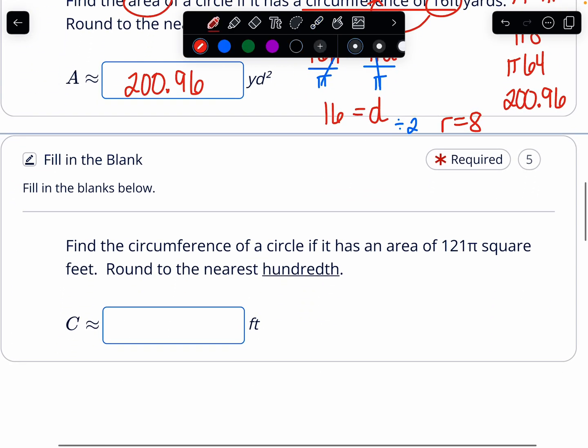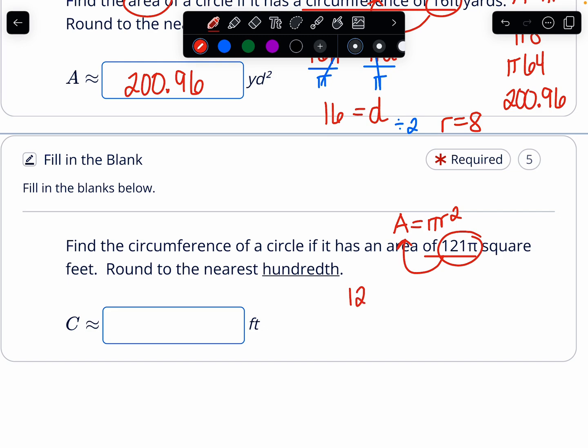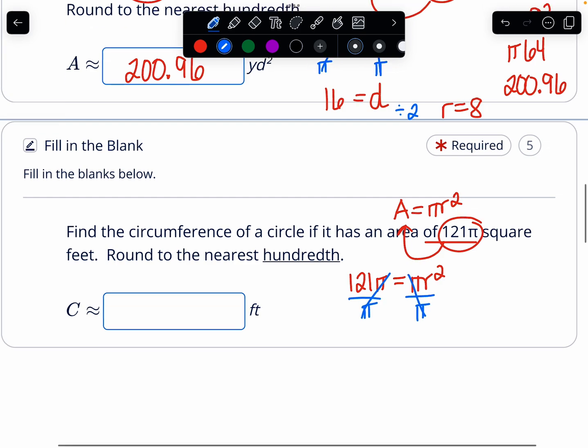And then lastly, find the circumference if the circle has an area of 121 pi square feet. So the area formula is pi times radius squared. So we're going to plug 121 pi in for our A and get 121 pi equals pi r squared. Again, not a coincidence here. We have to divide by pi, and because they've written their answer in terms of pi, we just get to mark those out.